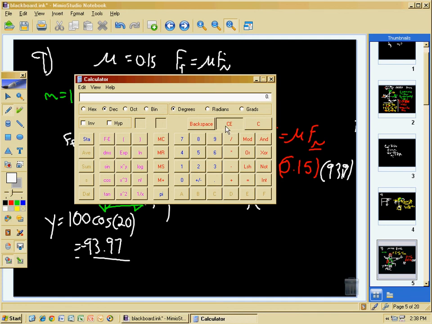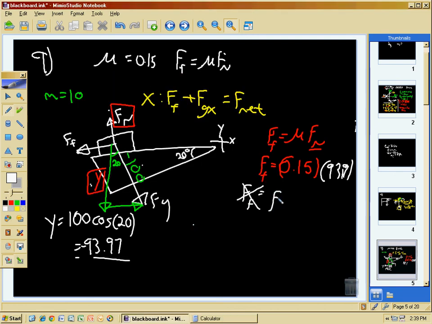So once again, 0.15 times 93.97, and that gives us a frictional force of 14.1, which hopefully is what I told you the answer was. Yes, 14.1 newtons. So the frictional force is negative 14.1 simply because it's to the left.